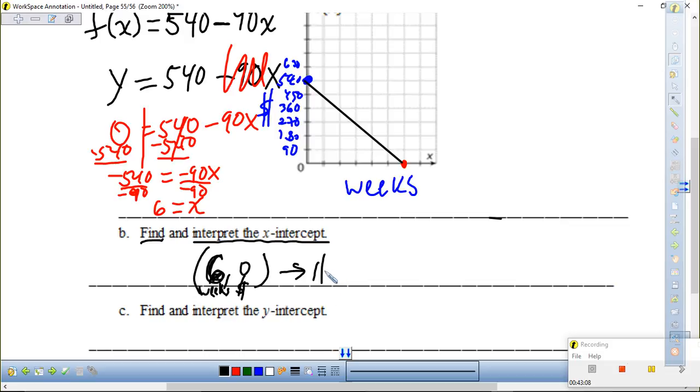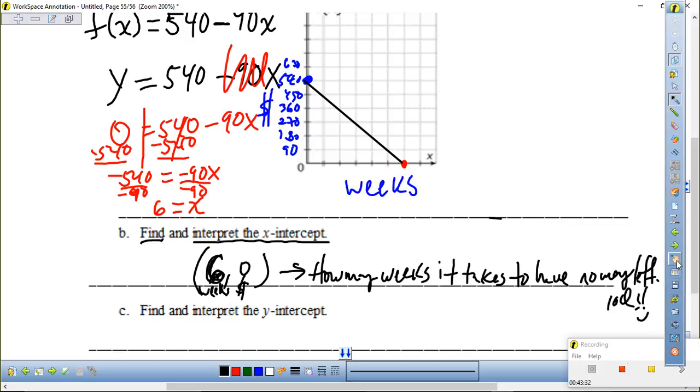How many weeks it takes to have what? No money left. Thank you. Okay.